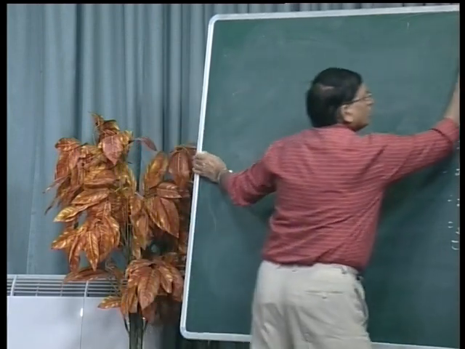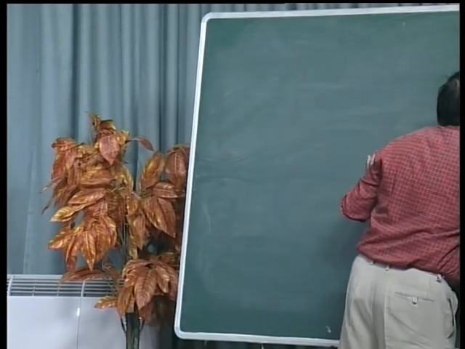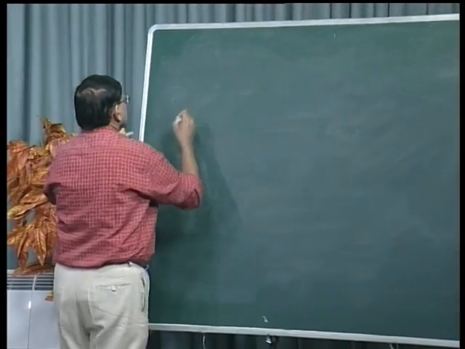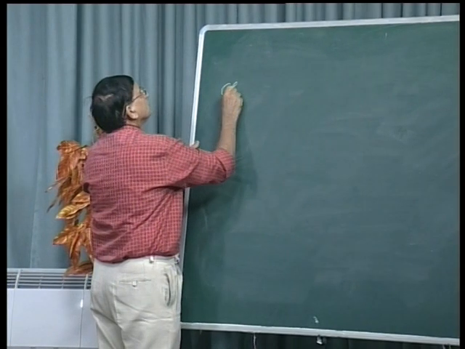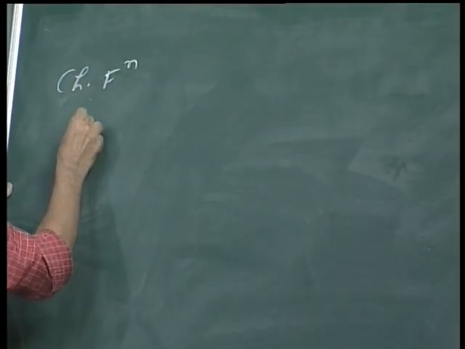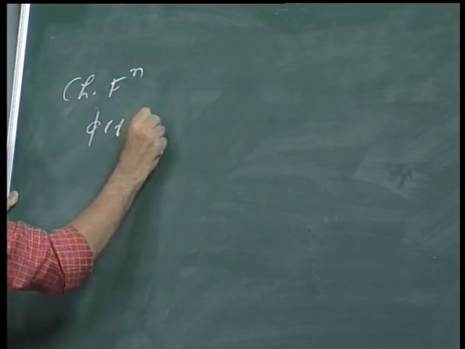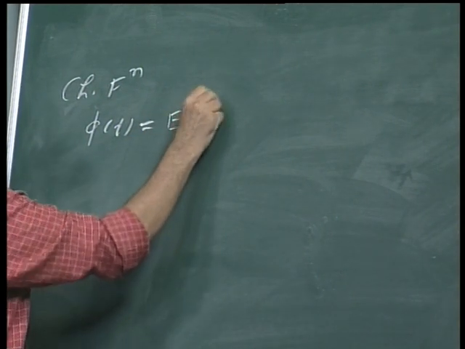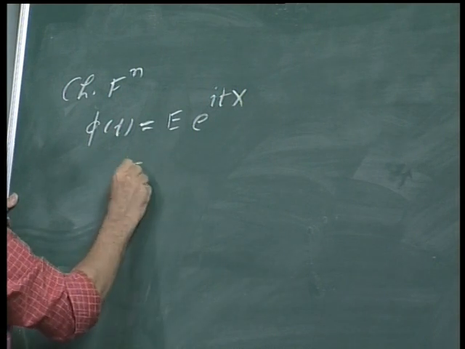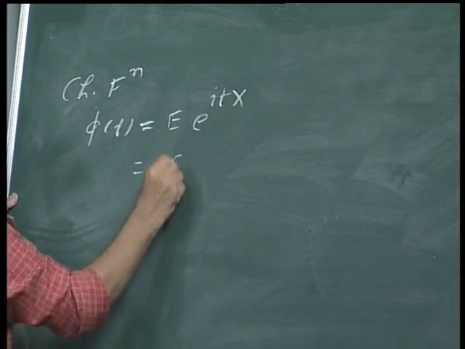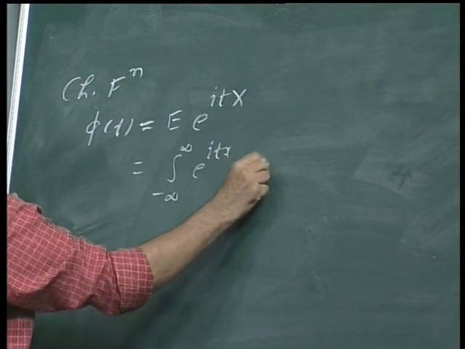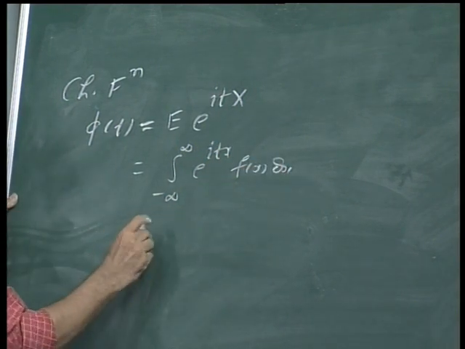Then we go for its characteristic function, say phi t, which I just obtained for a standard Cauchy distribution. So it is expected value of e raised to i t x, that is integral from minus infinity to infinity e raised to i t x f x dx, where f x is the PDF of standard Cauchy.